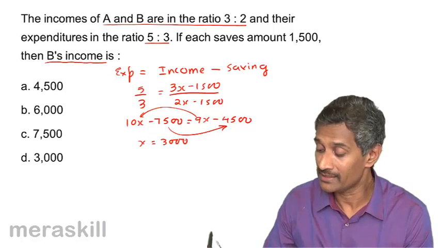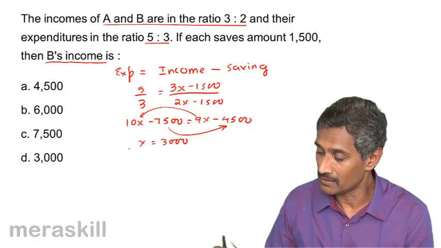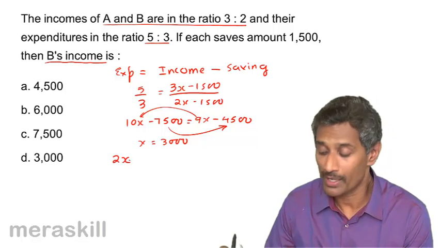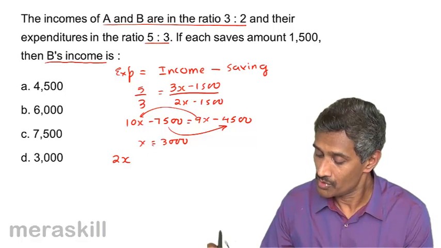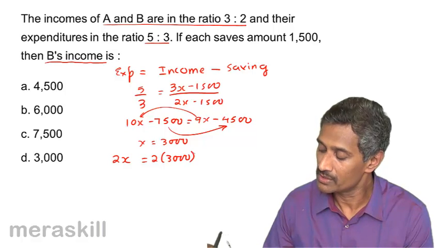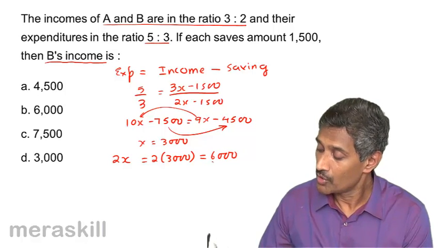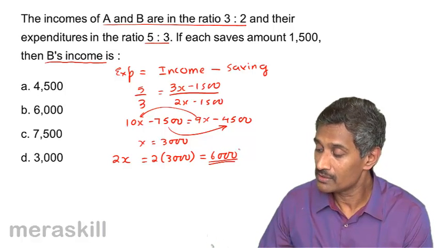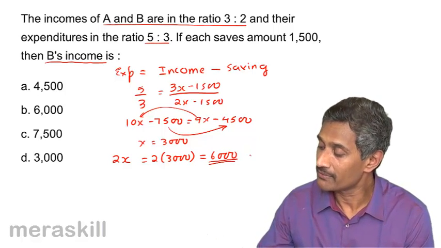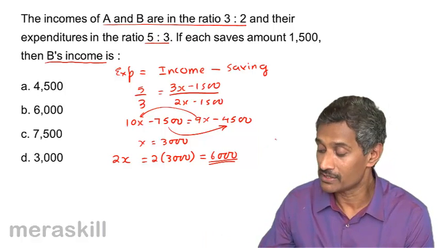So if you're getting x as 3000, then you're being asked to find B's income. So B's income is going to be 2x. So we have 2 into 3000, which turns out to be 6000. So B's income would be 6000, and in that case, if he saves 1500, then accordingly you get the ratio as 5:3.